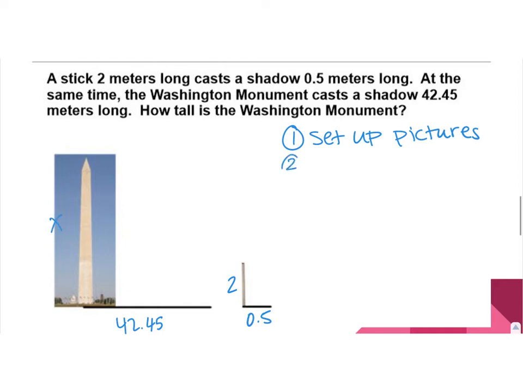From here, we can set up a proportion. Go ahead and pause the video, try setting up your proportion, solving, and seeing if you get the correct answer. When you're ready to check, press play.